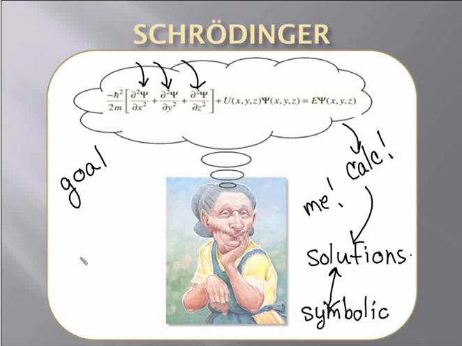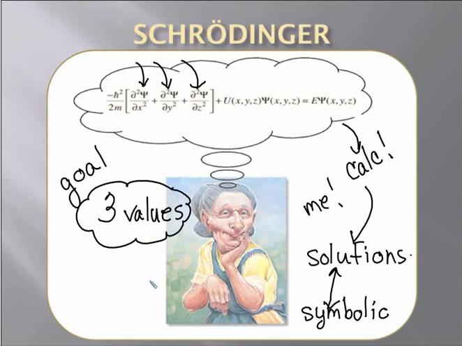Now, we have to represent that region in space, and to define a location, we're going to need at least 3 values. Normally it would be X, Y, and Z that could define the location of an object. We're going to use a relative internal scale to the atom, and we will need 3 quantum numbers, a 3-coordinate system.